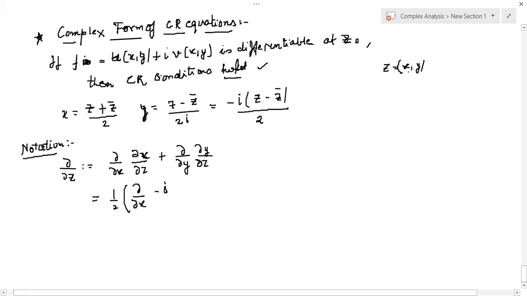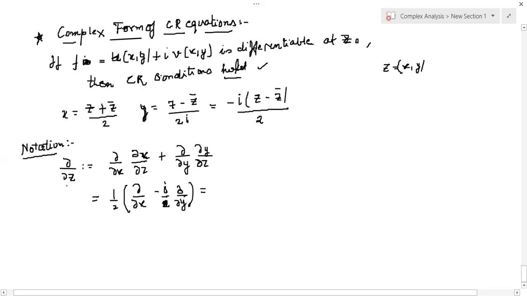I know that z is equal to x plus iota y. So in writing this differential operator, I'm just using the chain rule, that is del by del x into del x upon del z plus del by del y into del y upon del z. I know that del y upon del z is simply minus iota upon 2.